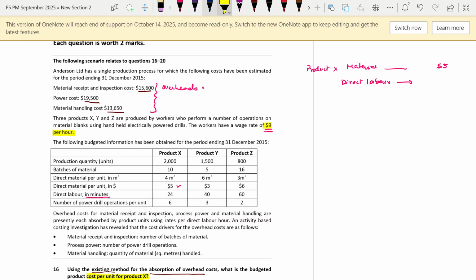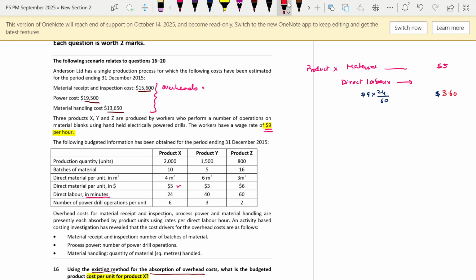Now 9 times 24 by 60, how much will we get? 3.6.